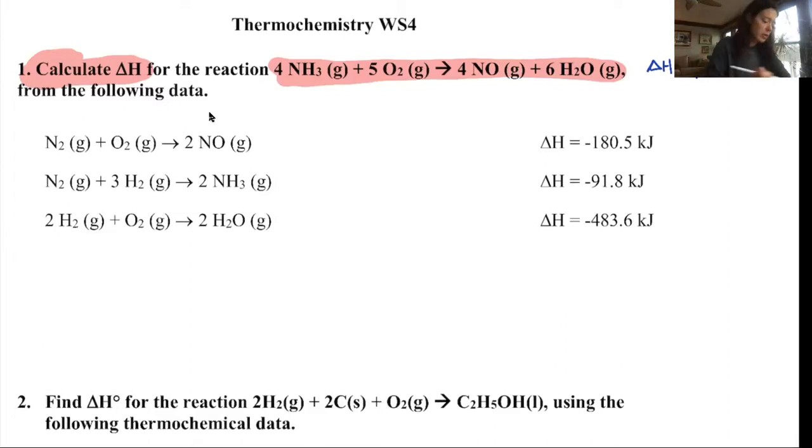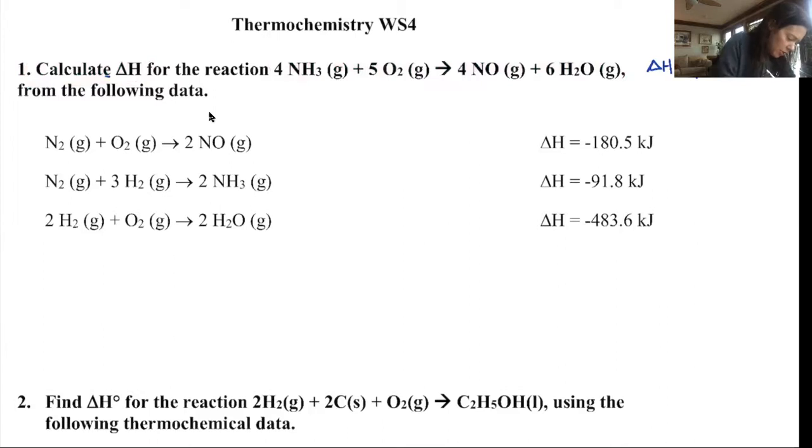So the first thing I'm going to do is go to my target equation and look at the first substance, and that is ammonia gas. There are 4 ammonia gases reacting. So I'm going to look at the equations provided to me, find the one that has ammonia gas, and manipulate it so that I have the appropriate numbers of ammonias on the appropriate side of the reaction.